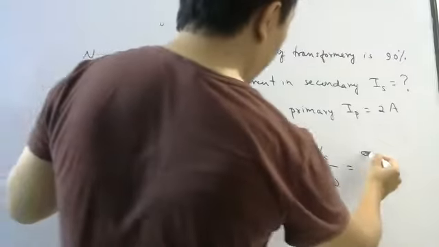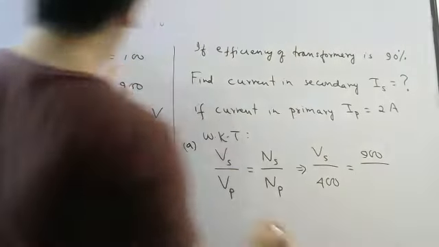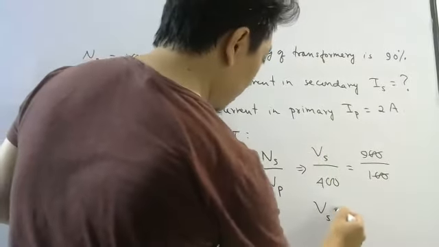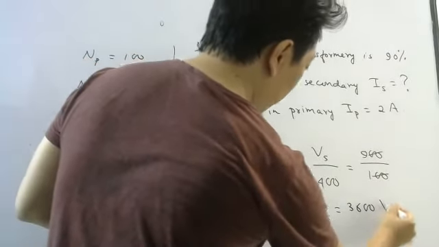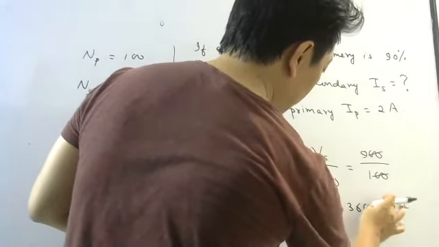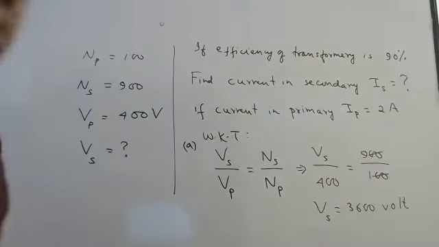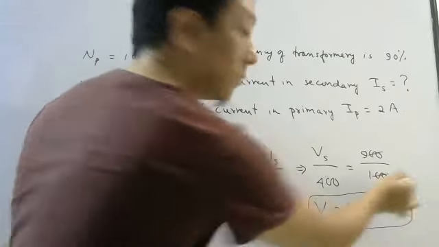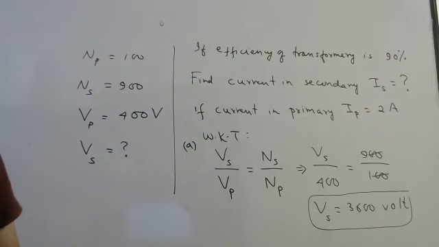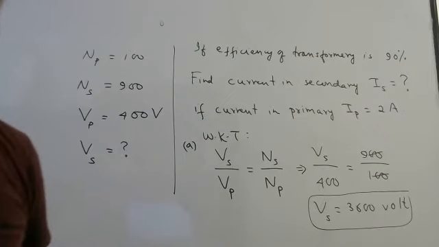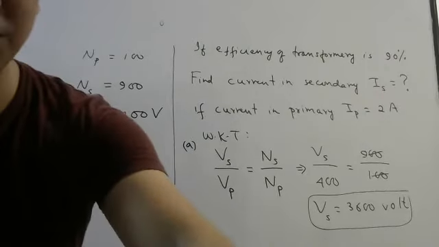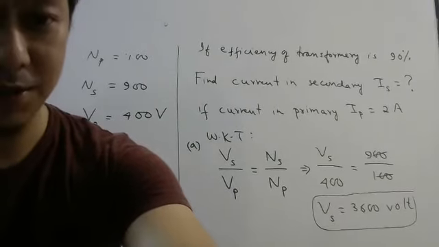Ns is 900. Np is 100. So Vs is 3600 volt. Correct or not? Check. Is this step up or step down? Step up, because we have increased the voltage.